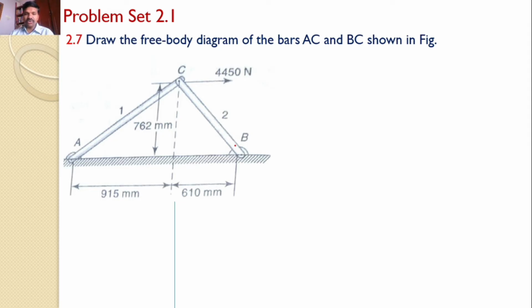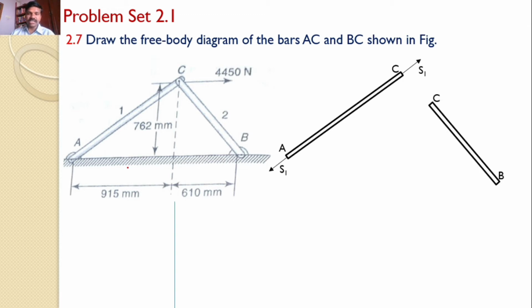Hence, the force acting at AC is tensile, let the magnitude be S1, and the force acting at CB is compressive and that magnitude is S2. S2 clearly we can see it is compression. S1 clearly we can see it is tensile. So these two are the free body diagrams of AC and CB.